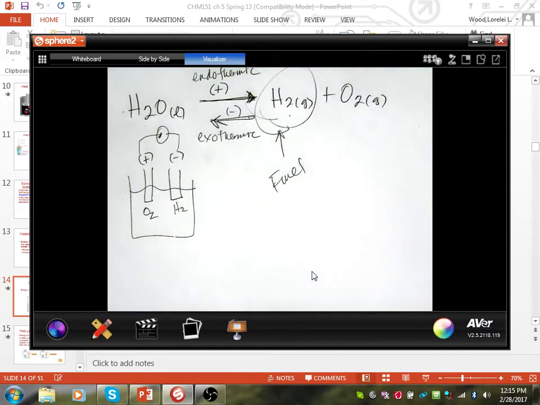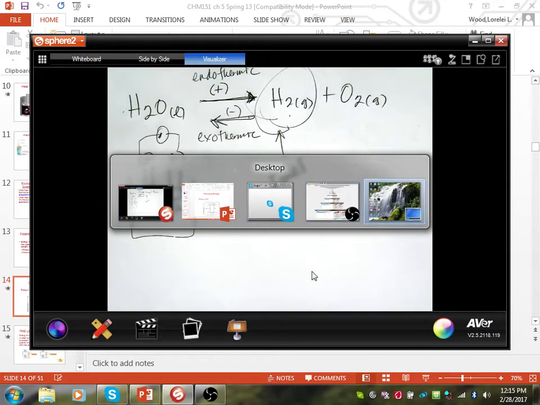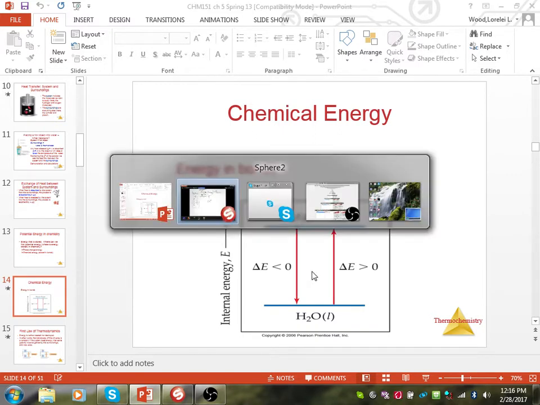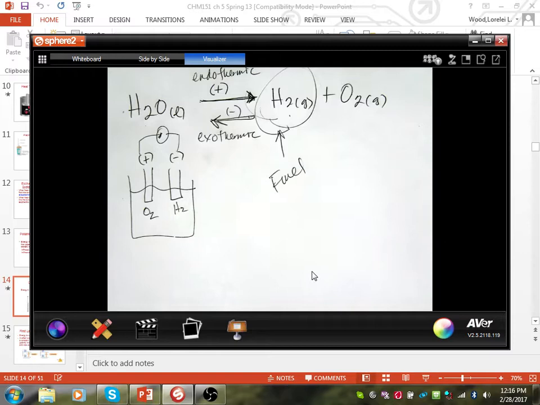If you look back at this energy diagram here, it shows that we've got the H2 and the O2 at a higher energy level than the H2O. Let's put that into our equation to make a little bit more sense out of it.